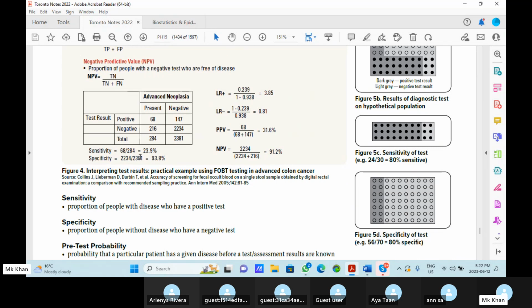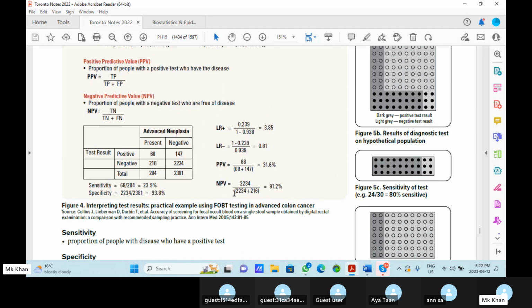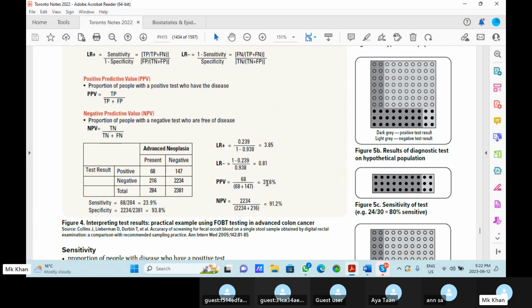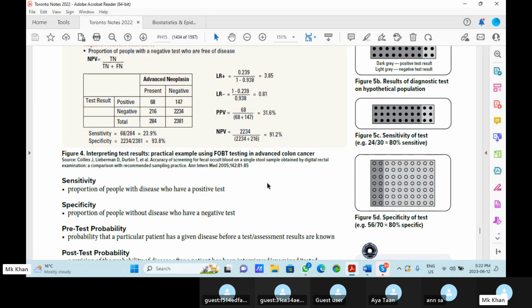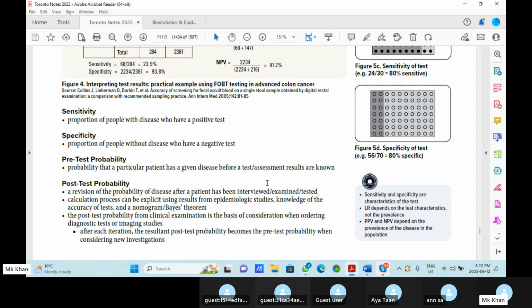How they calculate the sensitivity: 68 divided by 284, which is 23% sensitive. And then specificity is this number divided by this total, so 93% specificity. And these are the likelihood ratios and the negative and positive predictive values. We just have to remember these formulas so at least we know how to calculate.